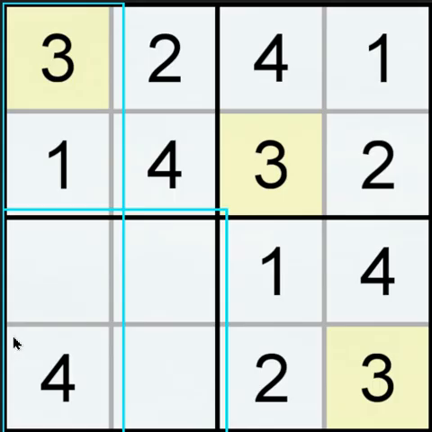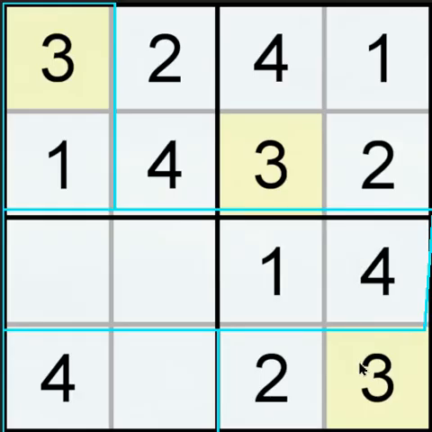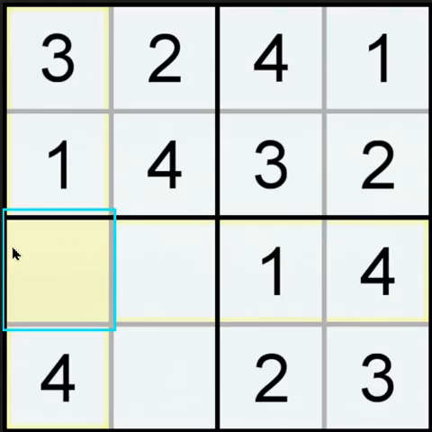Is there a 2 in the black box? No? Good. Is there a 2 in the third row? No? Good. This means that the yellow box can get a 2.